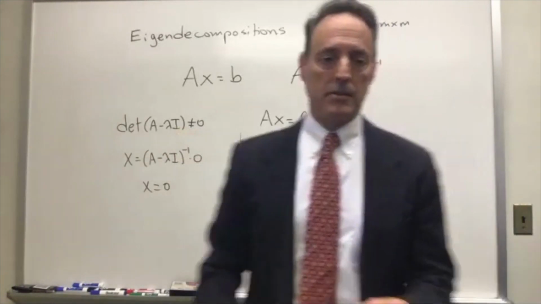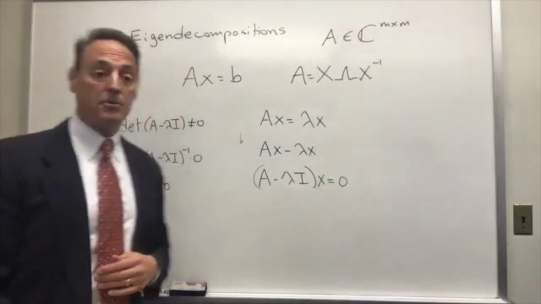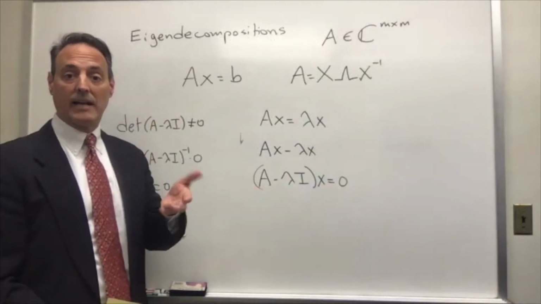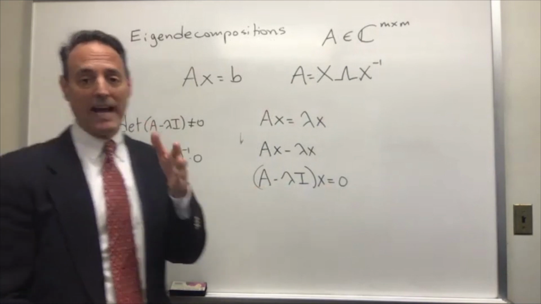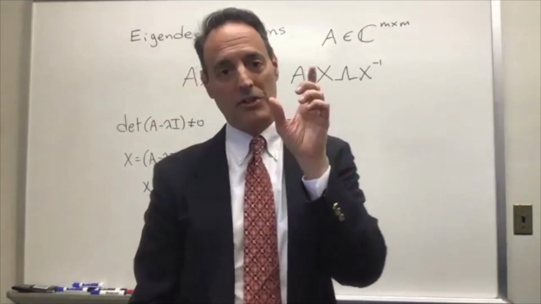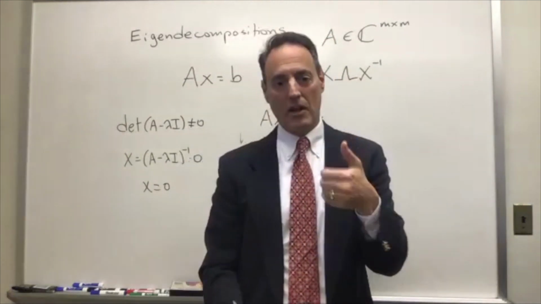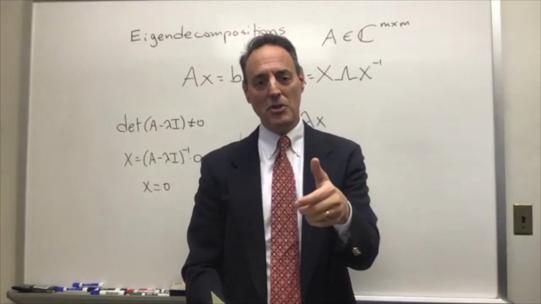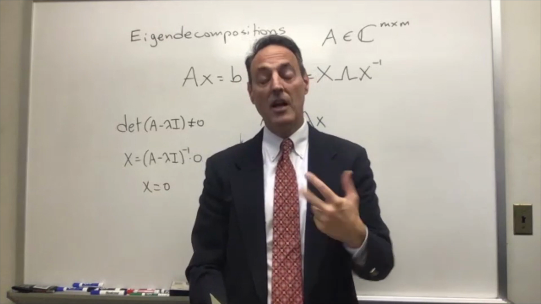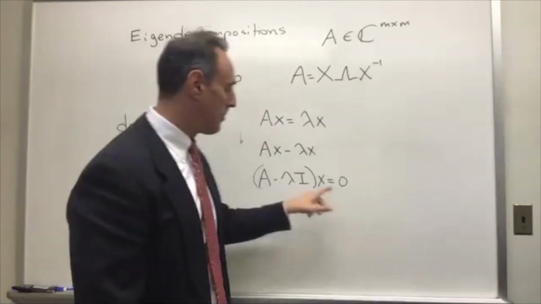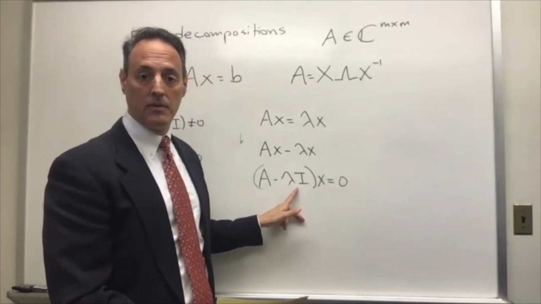What are the other options? Well, the only other option is, what if the determinant of this is exactly 0? In other words, it's exactly what we usually try to avoid, which is that I'm working now with a singular matrix. In other words, the determinant is 0. And usually we try to avoid those problems, but here I'm going to try to make it 0. How am I going to do that? By picking the lambda values.